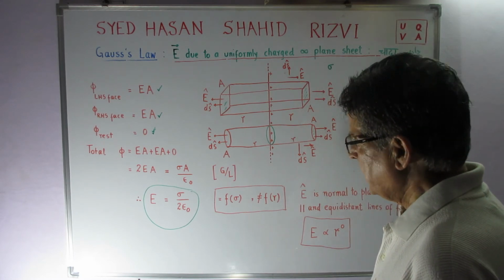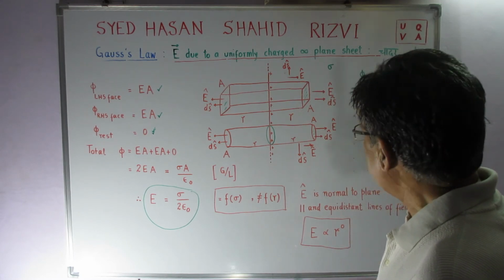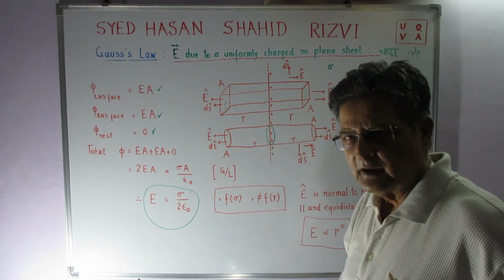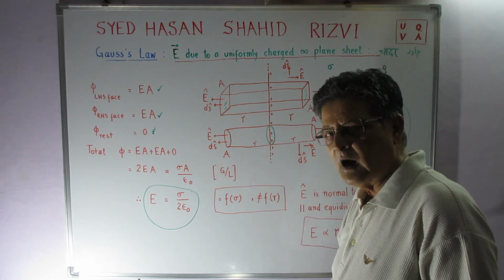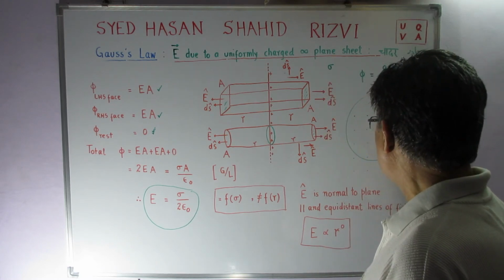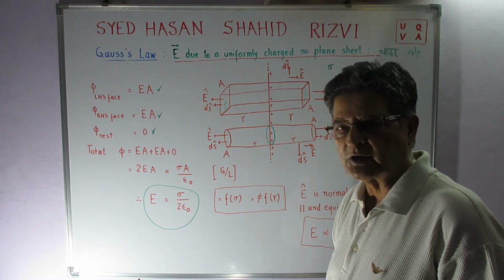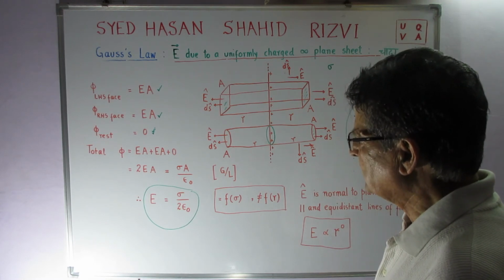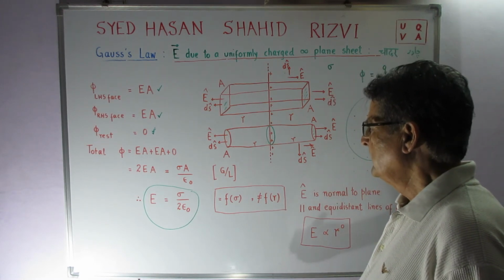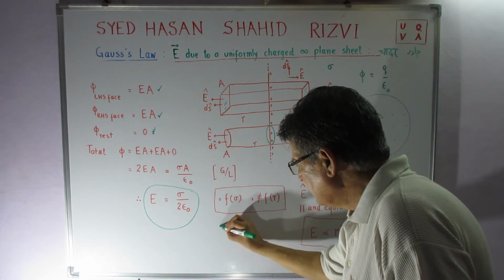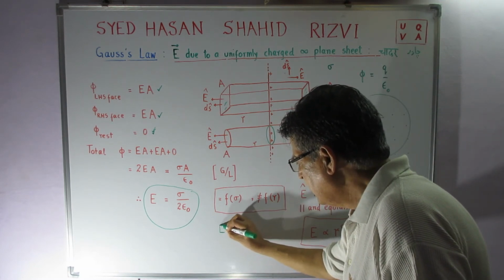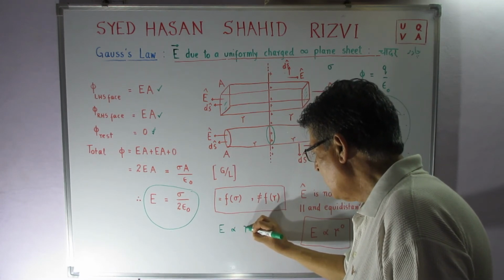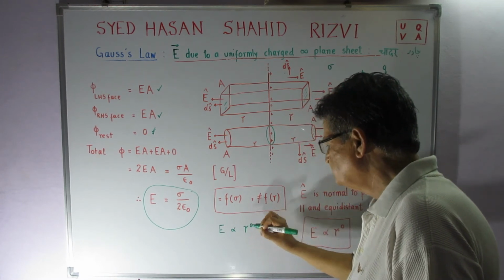But in the case of the spherical shell, okay, the symmetries are, in the case of a point charge, the symmetry is spherical symmetry. Interesting. Very interesting result is that in this case E is proportional to R to the power of 0.